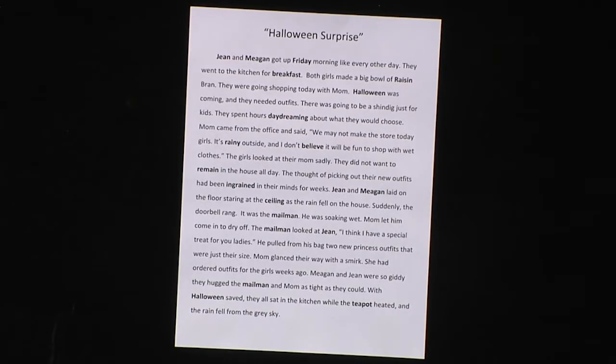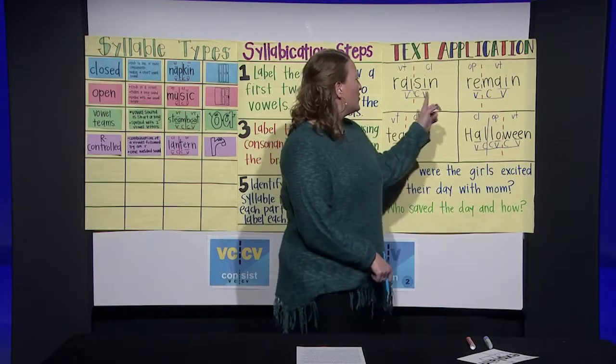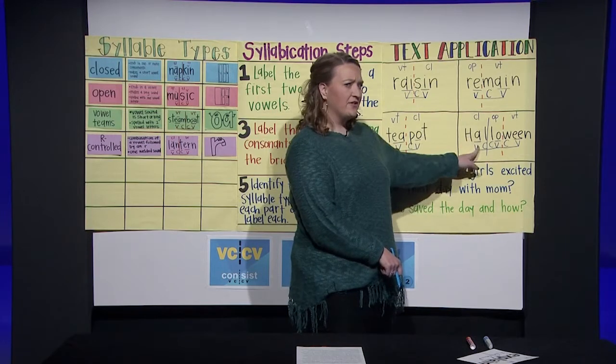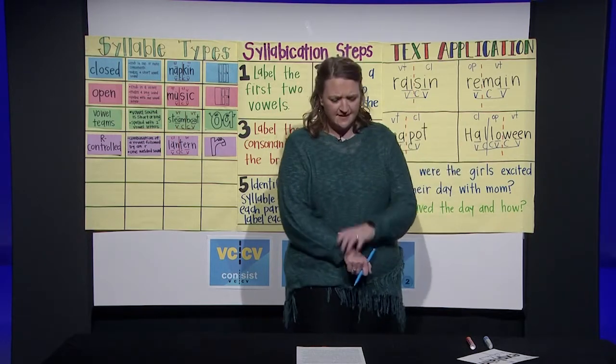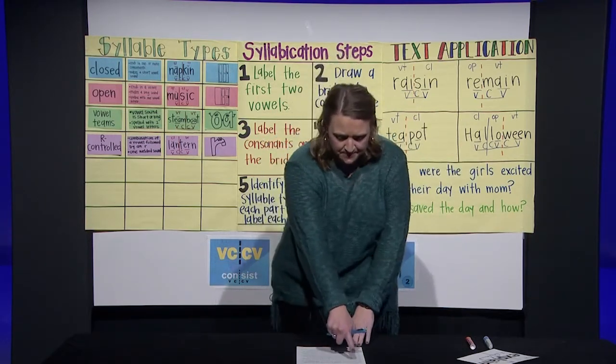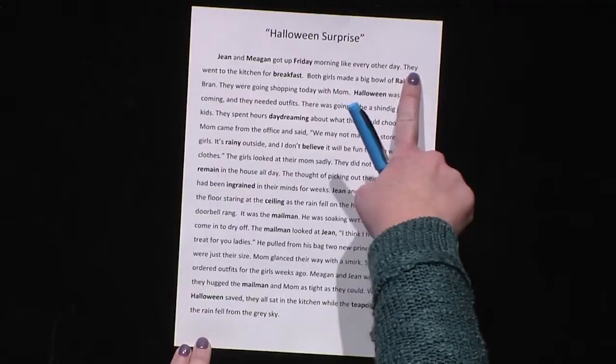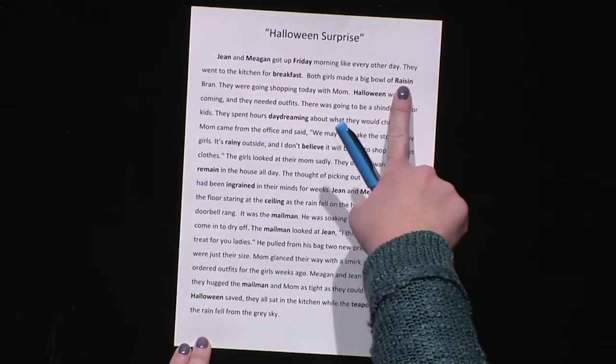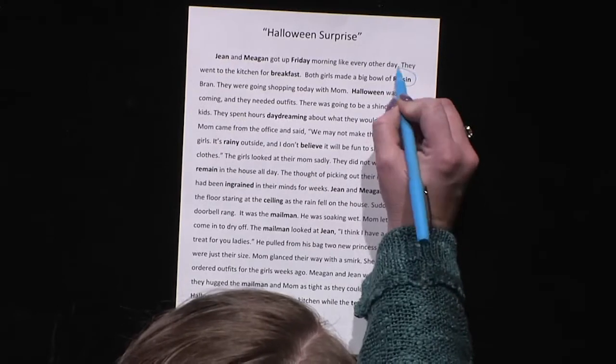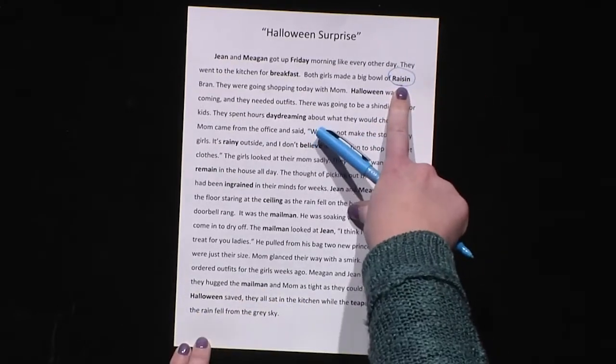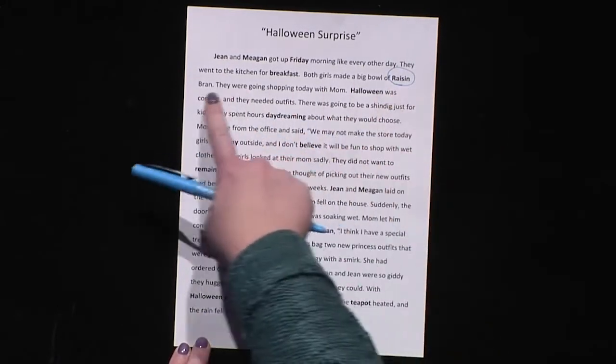I did too. So the first thing before we read it together I want to do is circle the words that we syllabicated earlier. Our first word was raisin. Let's find and circle raisin. There's raisin. I'm going to circle it. And it is capitalized in this word because it's the name of the cereal, Raisin Bran.